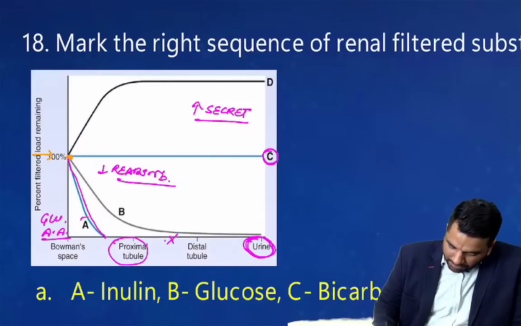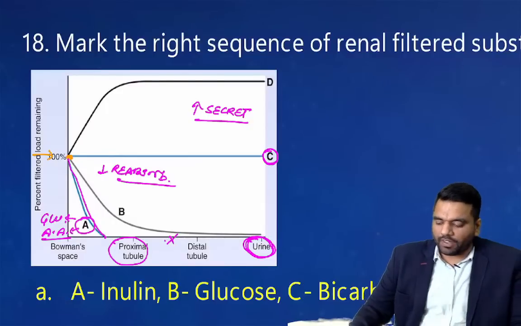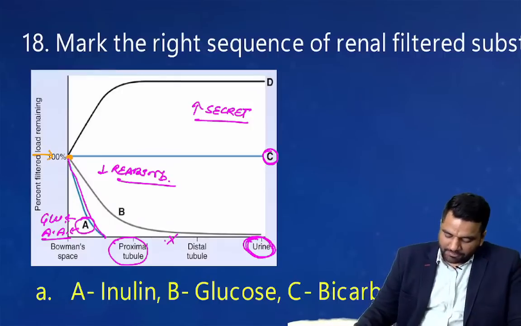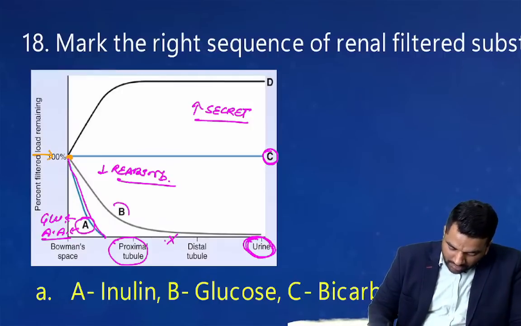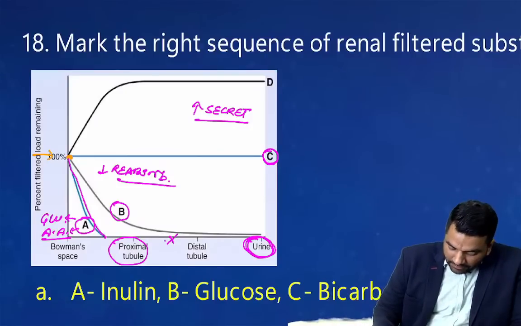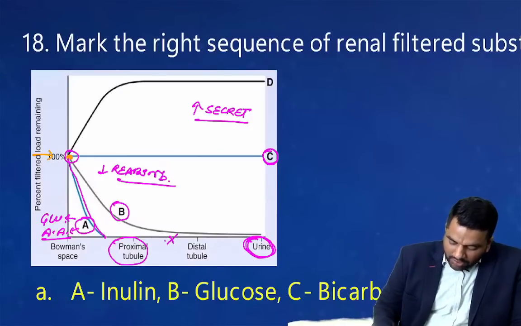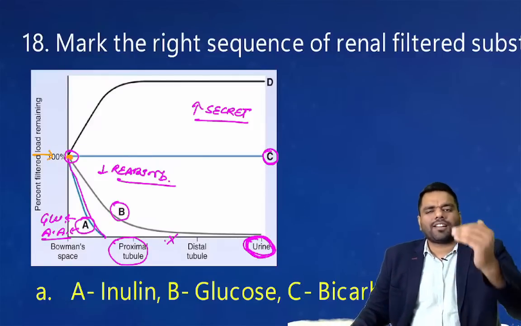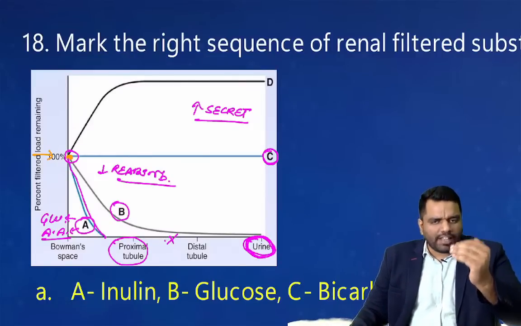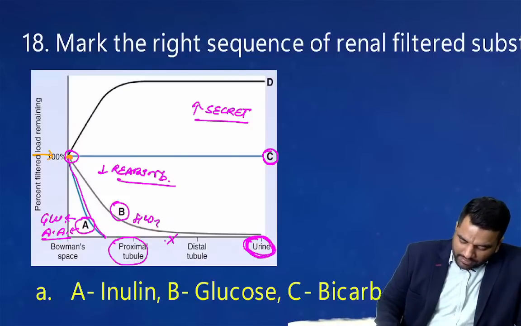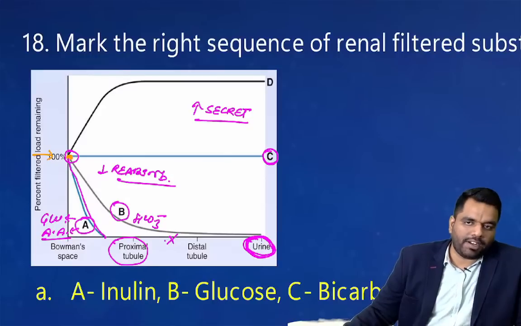So option number A is either glucose or amino acid, right, beta? Then option number B. This point B shows that initially it is filtered a lot, but later it is reabsorbed, though it is still present in the urine, but the concentration of that substance is very, very less. This could be your bicarbonate.